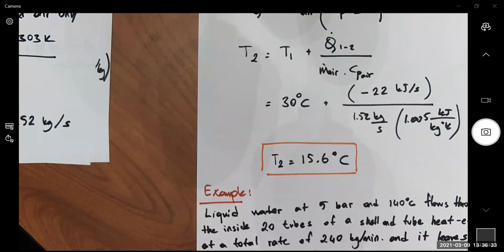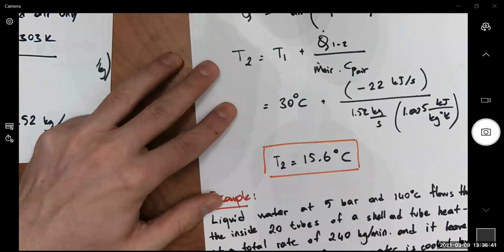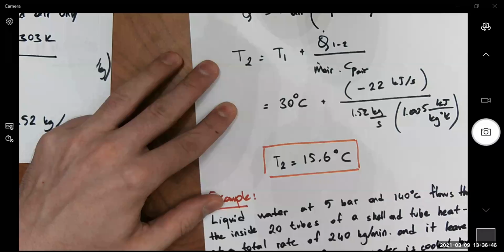Water is cooled by passing air initially at 110 kilopascal and 25 degrees Celsius.